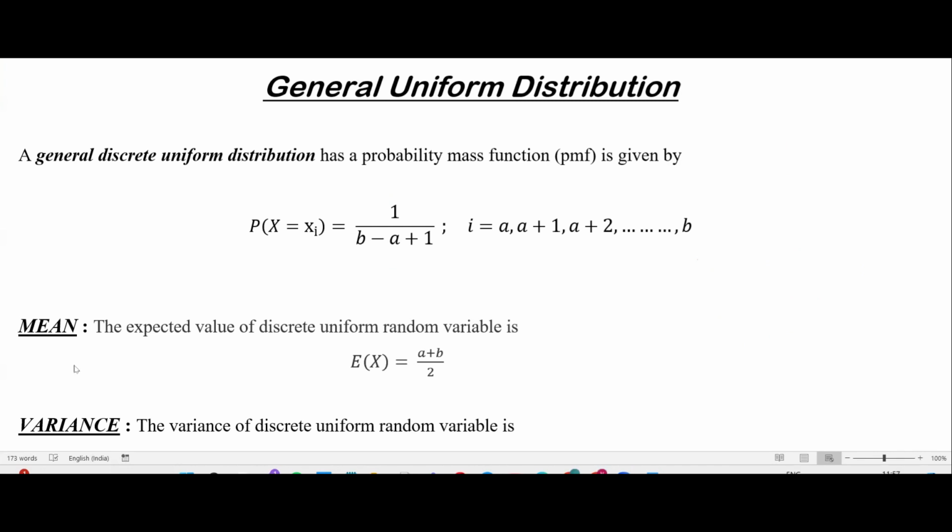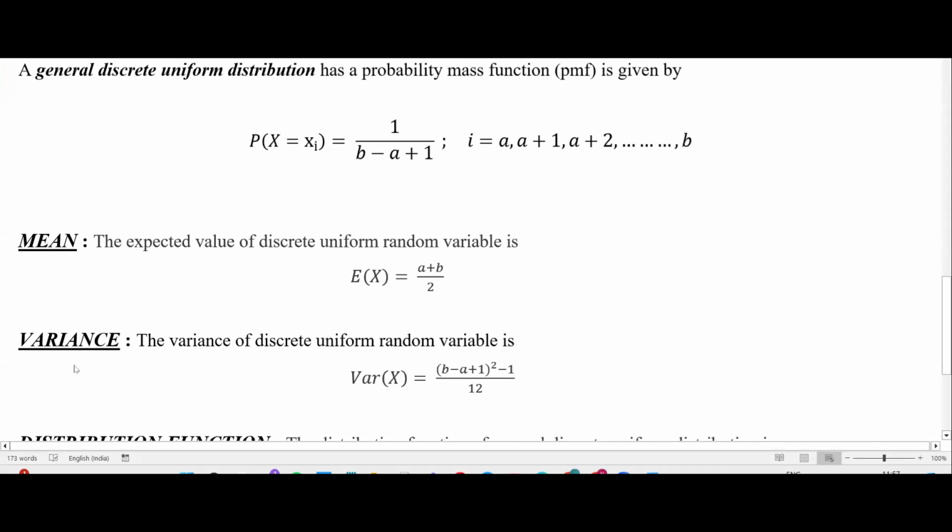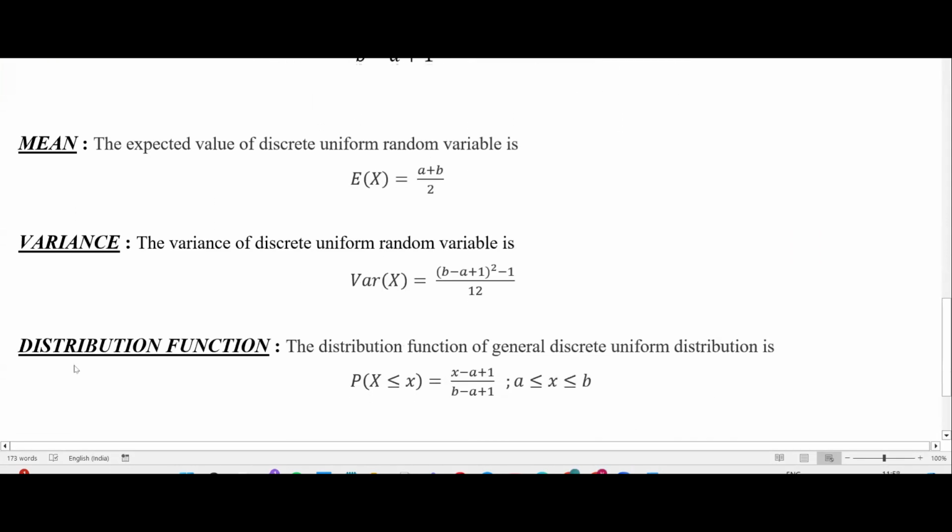So the mean and the variance would be the same, as you could remember. The mean of a discrete uniform random variable, in the earlier case, was n plus 1 upon 2. So here it is a plus b by 2. And the variance of the discrete uniform random variable was n square minus 1 upon 12. So here you will get the same, that is b minus a plus 1 whole square minus 1 upon 12.